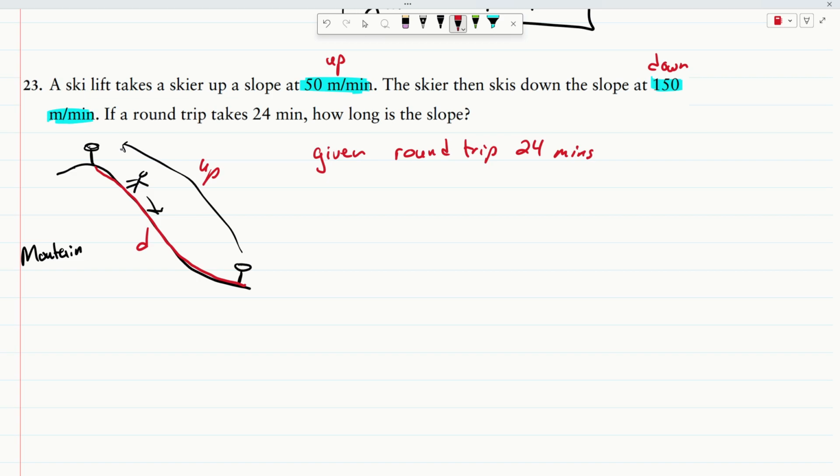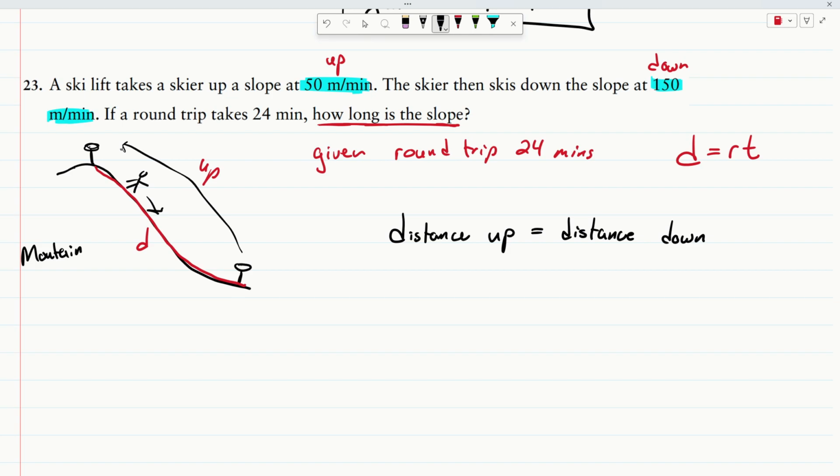Well, we're measuring a distance here, right? They want us to know how long is the slope. So what we know is this, and we are guaranteed this. The distance going up has to equal the distance going down. And distance, if you remember, equals rate multiplied by time.